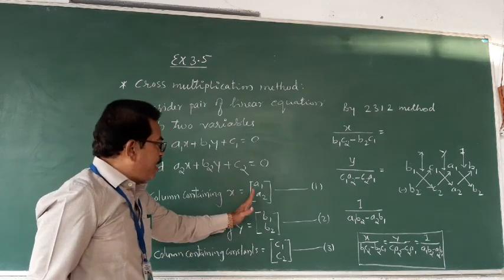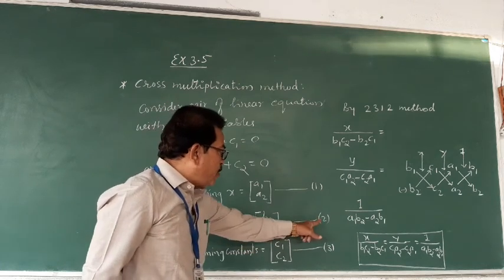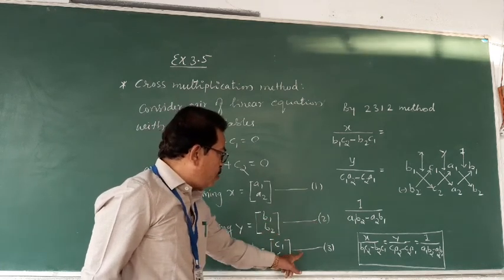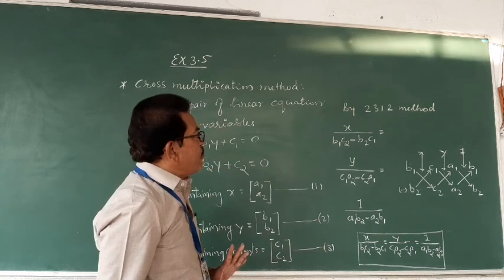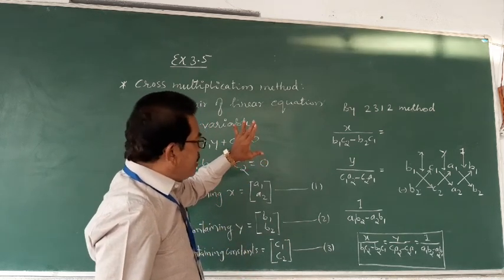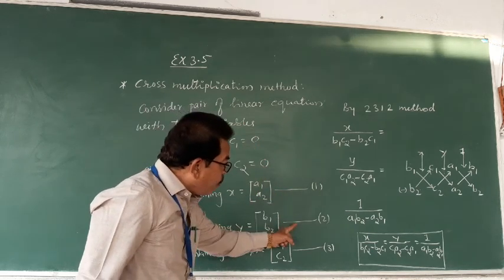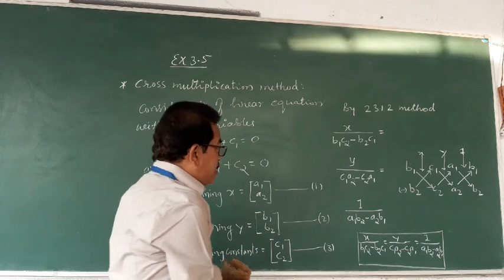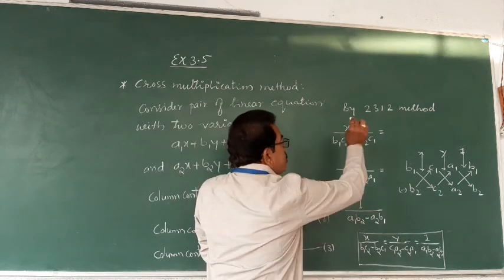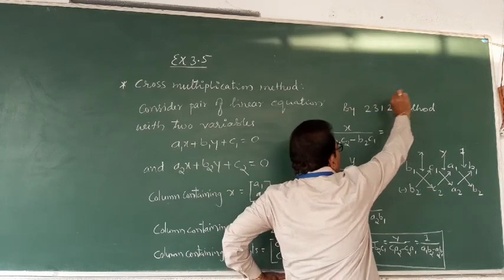Say a1 a2 is 1, b1 b2 is 2, c1 c2 is 3. For our convenience, we use these to set the cross multiplication formula as the 2-3-1-2 method.